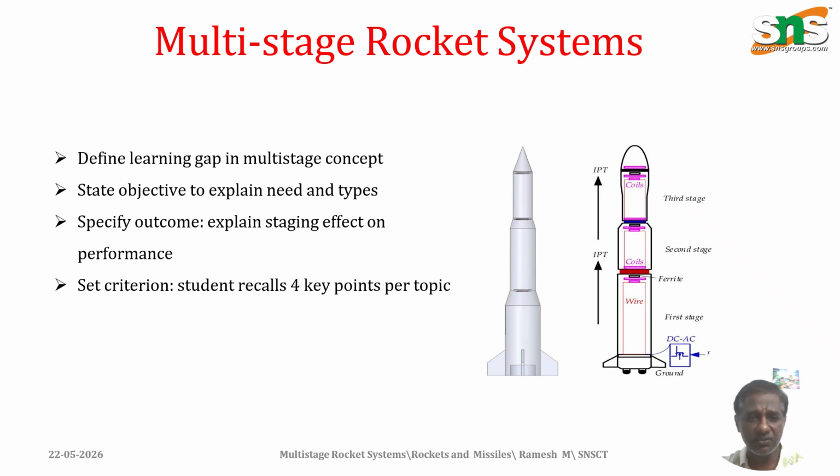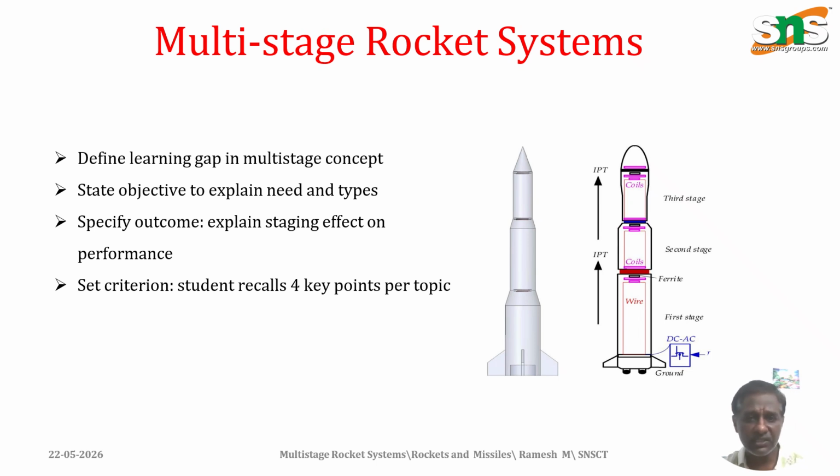Multi-stage rockets are widely used in modern aerospace engineering because a single-stage rocket is generally unable to carry sufficient fuel and payload simultaneously while reaching the orbital and escape velocities using conventional chemical propulsion systems.